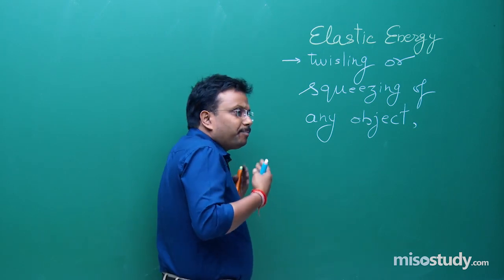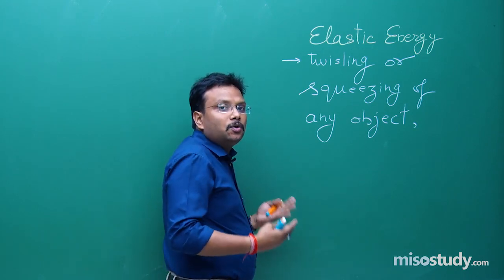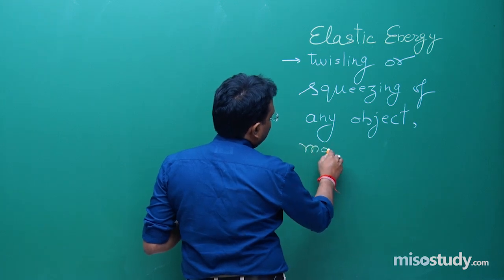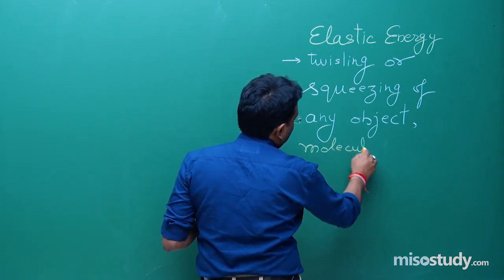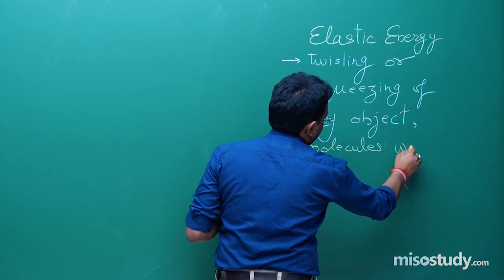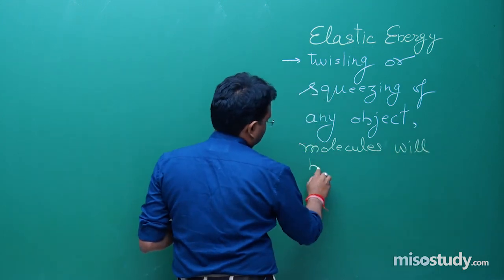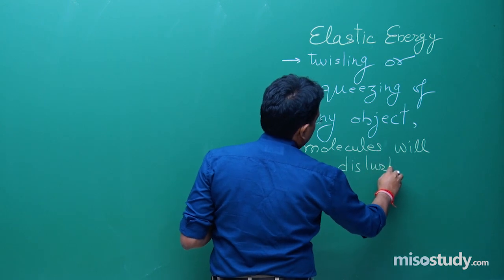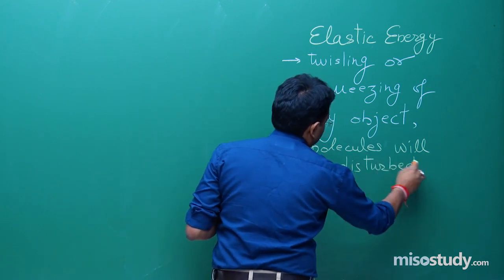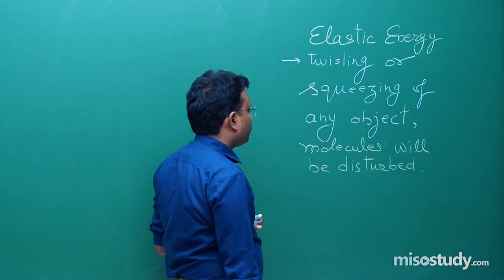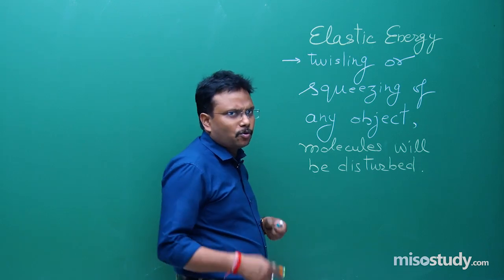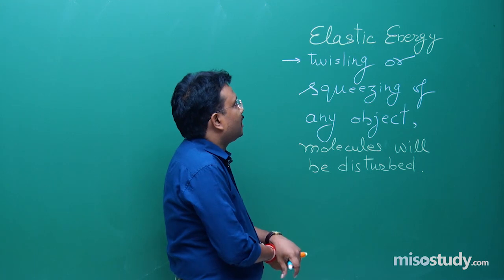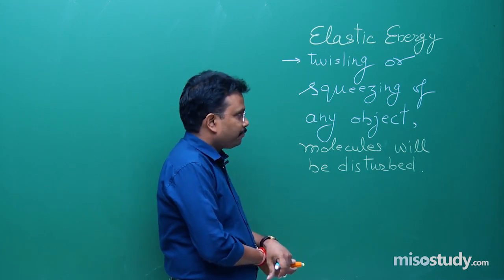We are doing something against the molecular setup. So, molecules will be disturbed. Fine. Okay. Molecules will be disturbed. So, we are doing some work against their arrangement and this is something which is defined as elastic energy.